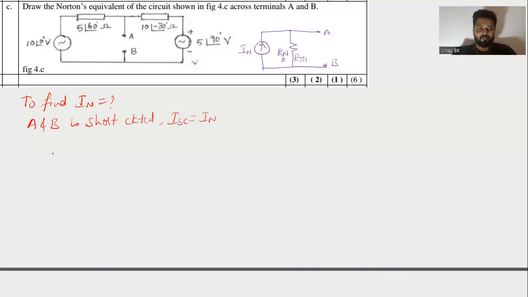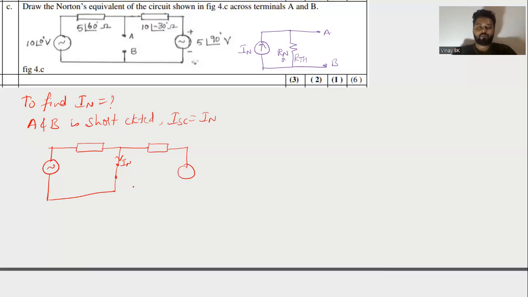So now the circuit looks like this. There will be a voltage source and impedance, and here the terminals A and B become short circuited, and the current that flows through this is IN, and there will be one more impedance.